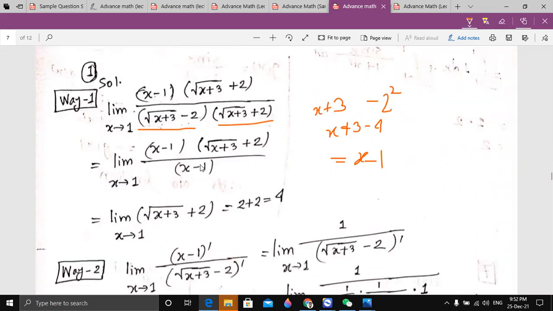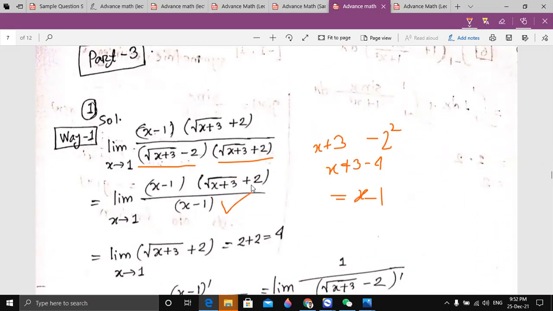So this is the answer of the down part. And in the upper part, we can also cancel this x minus 1, right? So we get a single line. So here is the benefit of multiplying using the conjugate.